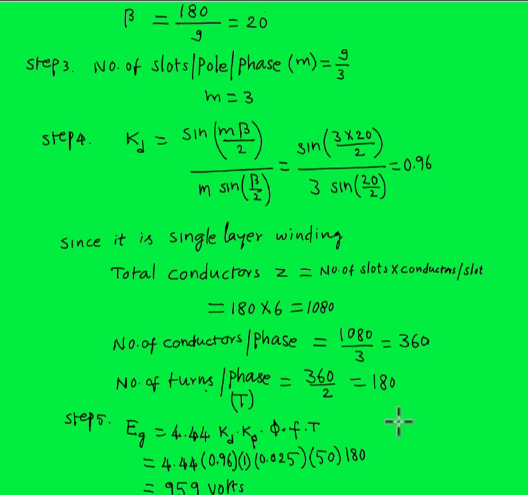So having known the number of turns, the flux, the distribution factor and the frequency, it is possible to calculate the generated EMF as Eg is equal to 4.44 Kd into Kp into phi into f into T. Here, 4.44 into Kd, the distribution factor just calculated as 0.96, and the pitch factor, because it is a full pitched winding, becomes 1, the flux given as 0.025 Webers, the frequency is 50 Hz, and the number of turns per phase calculated as 180.